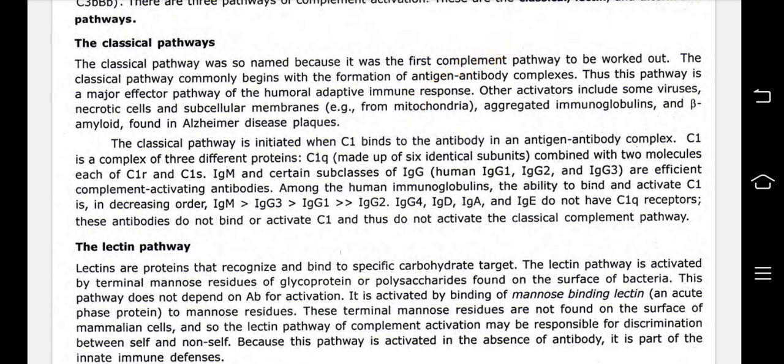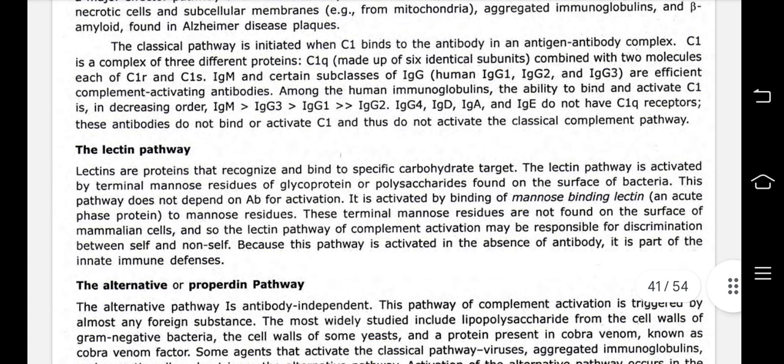Among the human immunoglobulins, the ability to bind and activate C1 is in decreasing order like this, just look at this figure: IgM greater than IgG3, greater than IgG1, very much greater than IgG2. IgG4, IgD, IgA and IgE do not have C1q receptors. These antibodies do not bind or activate C1 and thus do not activate the classical complement pathway.